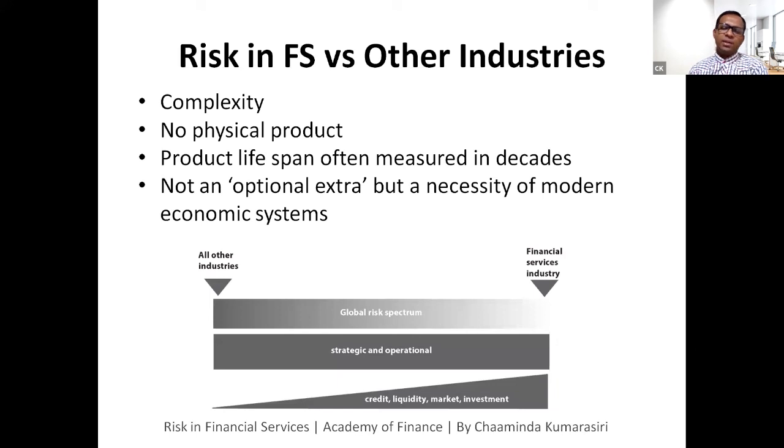You can't get away with it. So in simple terms, the financial services industry is highly complicated, highly vulnerable, and you have to have a greater level of knowledge, tools, measures and expertise to handle the risk in financial services, unlike other industries.